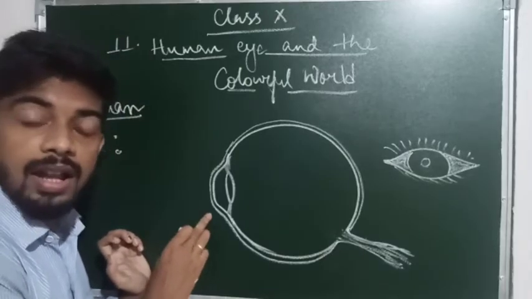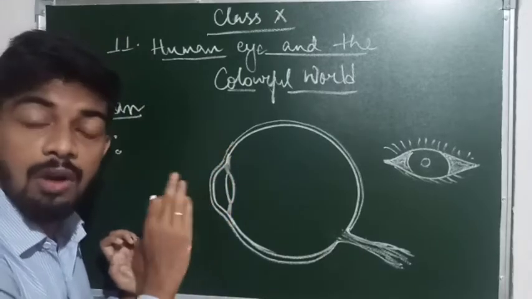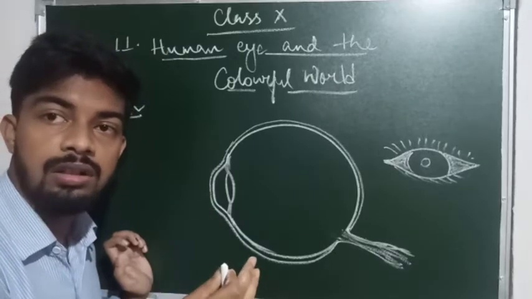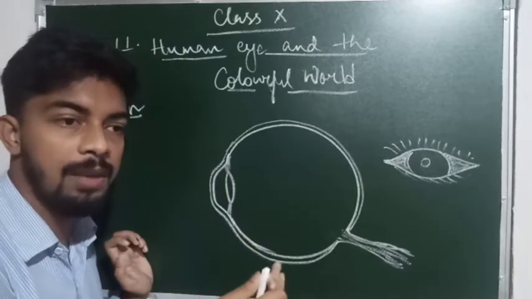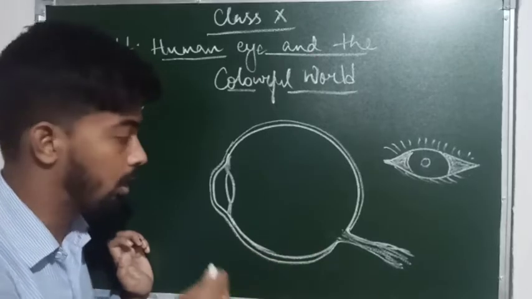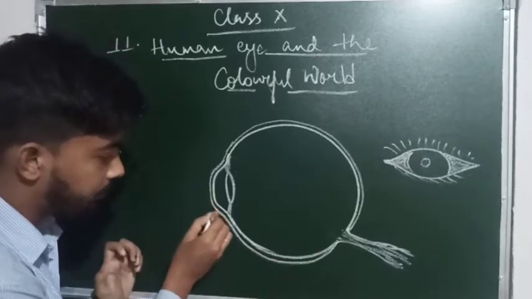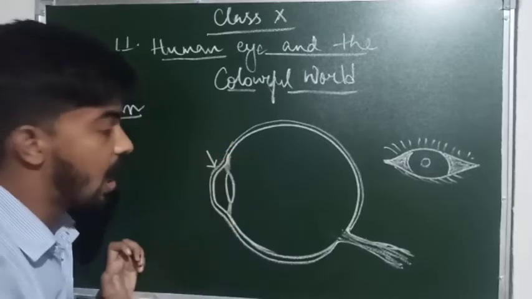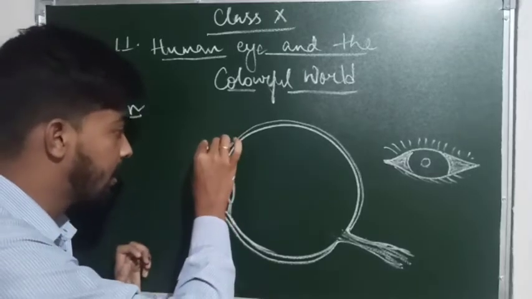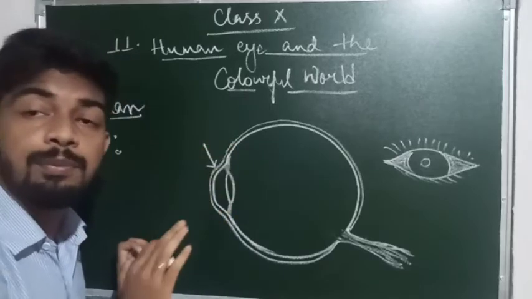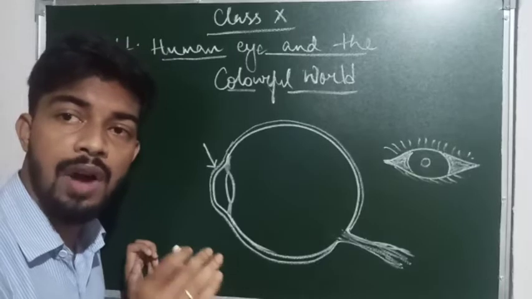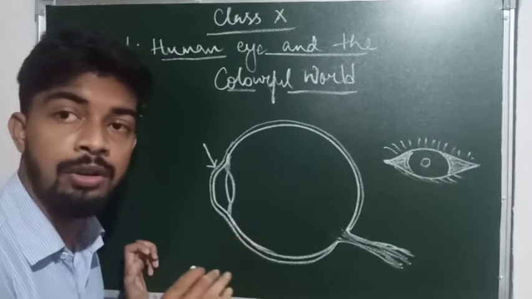In this part, the very outer layer, which is basically exposed to the outside world, is this part. This outer layer of the human eye is very important. It protects the eye from dust and dirt and any kind of outer damage that can happen to the eye.